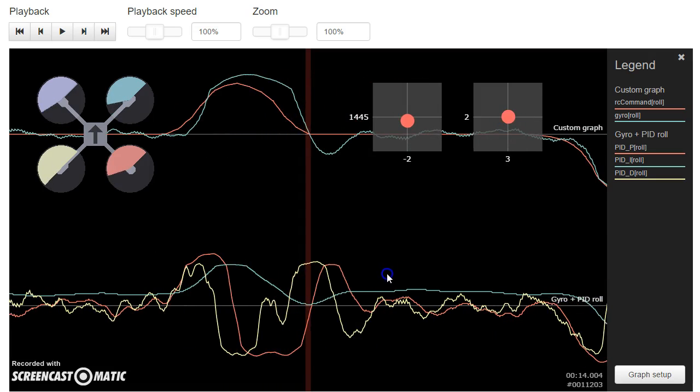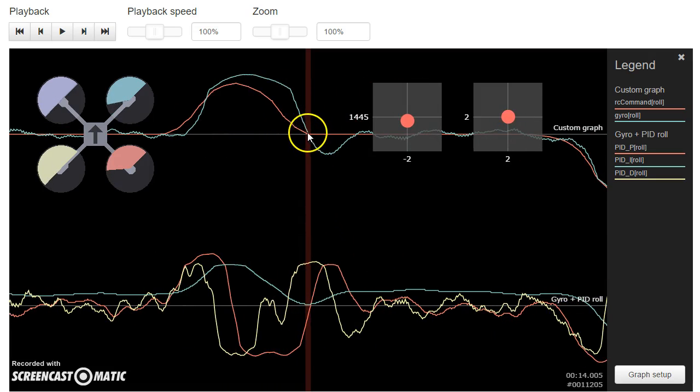And we see that the PID loop is hitting its mark. In other words, it's not that it's behind the curve in any way, because the gyro line is hitting 0 at basically the same time as the RC command. So the copter is hitting its mark: when the stick is centered, the copter is stopped. It's just that the PID loop is a little bit behind in that it's bouncing back.